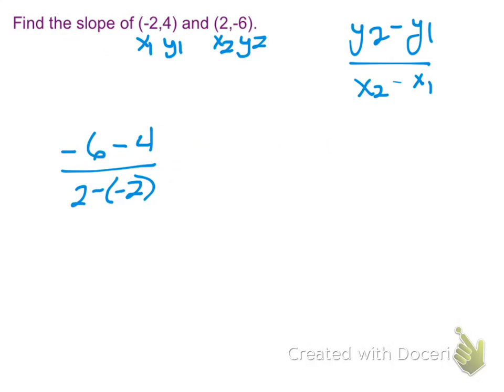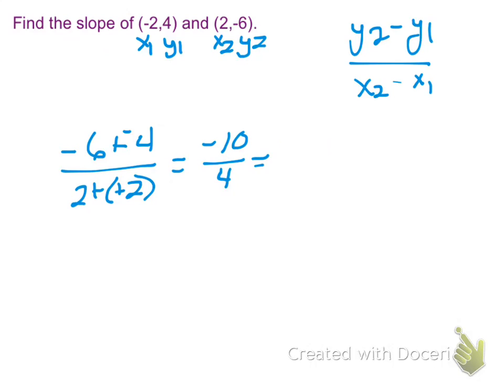I have to remember when I subtract integers, I need to switch that into addition. So change, or double slash. If I have -6 plus -4, that's going to give me -10. And then 2 plus 2 gives me 4.